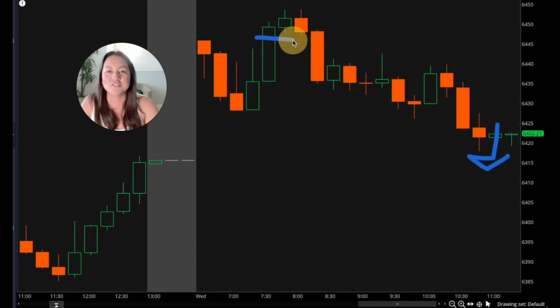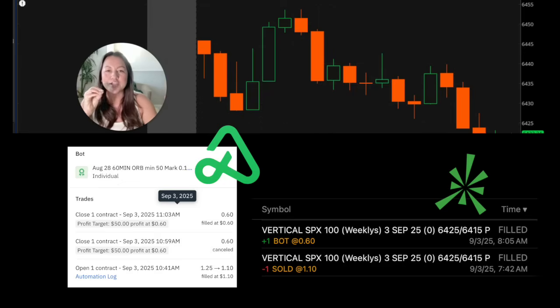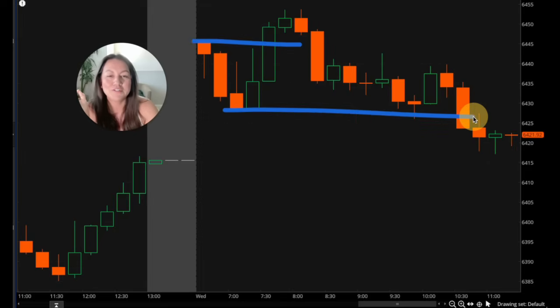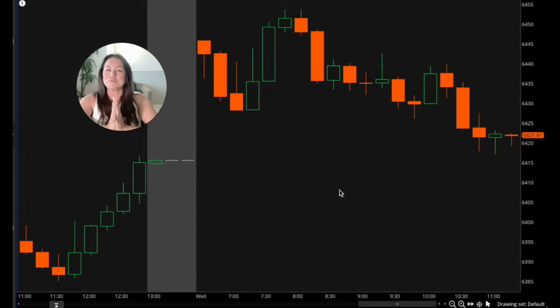PCS enters here on this candle, takes profit here on this candle, 50 cents in 23 minutes in a tiny little 8-point move. That's all it took to achieve 50 cents. So if you're in this put credit spread still, I'm sorry, because it's probably not doing well, but my bot worked correctly. It followed all my rules, and I'm so excited.